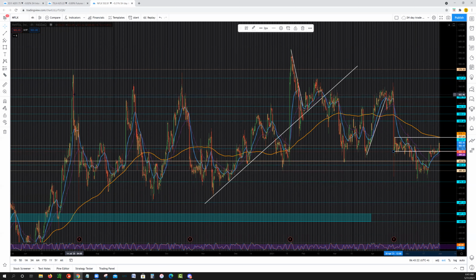Not historically like forever, but back to July of 2020, what we saw was when we pushed above the 550s, the air got thin for Netflix and we went back down. Here again, how many days are we up above those 550s?